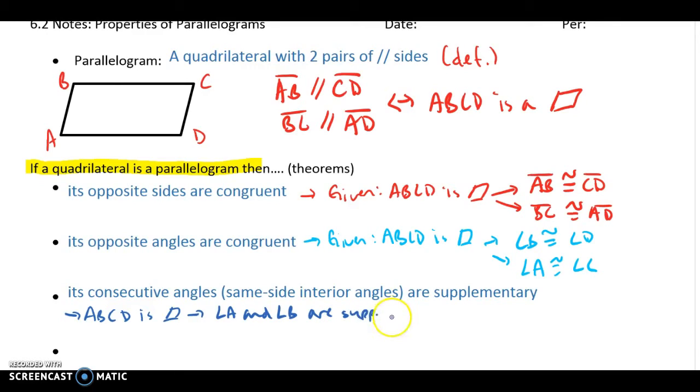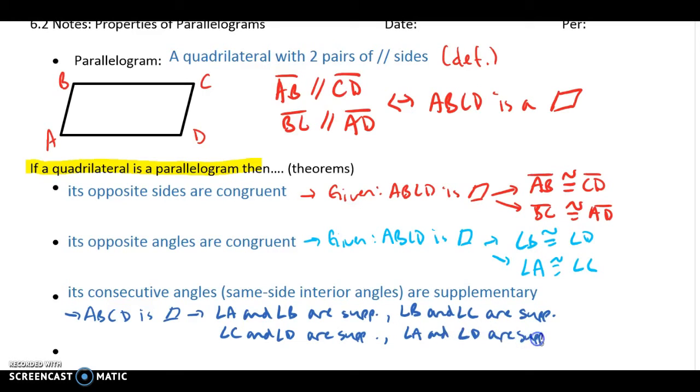But not only that, you have four pairs of consecutive angles, right? So we also know what other angles would be supplementary. Well, we would know that angle B and angle C, right? Because they're also consecutive. What else? Well, we'd also know that angle C and angle D are supplementary. And finally, angle A and angle D. So again, consecutive, which is different from opposite.